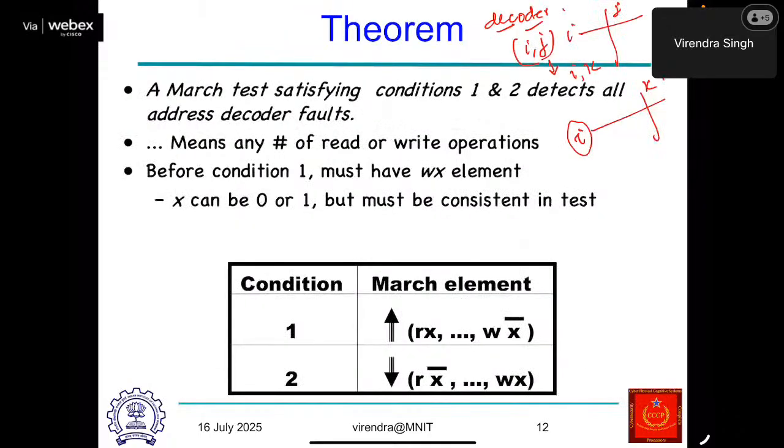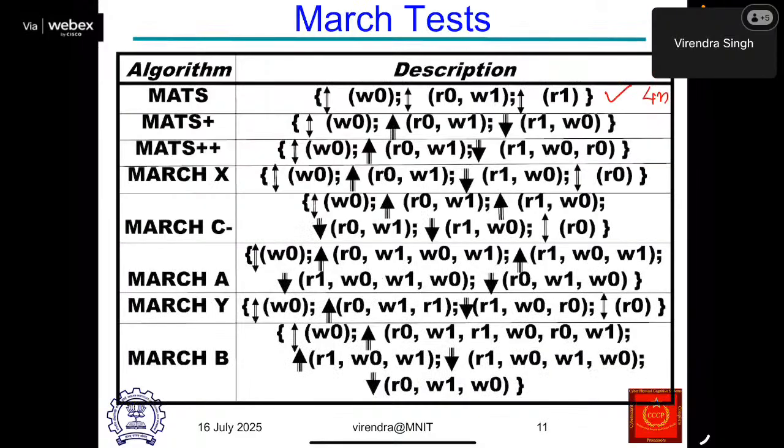It will write this into it. For example, after W0, it will write 0 everywhere. After that, it will read this. If it has written 0 everywhere, first assume that there is no fault in the array wherein you are storing the value. Only the fault is with the address decoder.